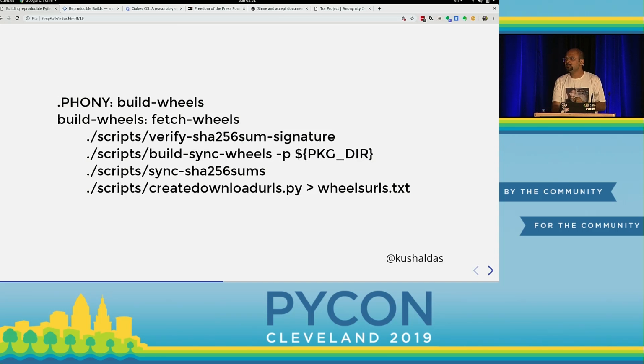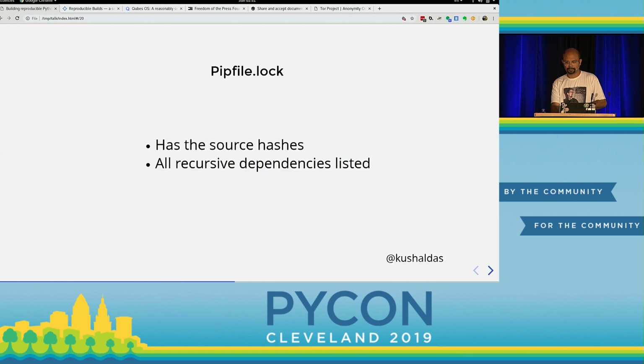And the build and sync wheels, now we're going to go in depth to see what we do there. We also have a separate file known as Pipfile.lock. It has the source hashes and all recursive dependencies. So what we do is create a temporary requirements.txt with only source tarball hashes.